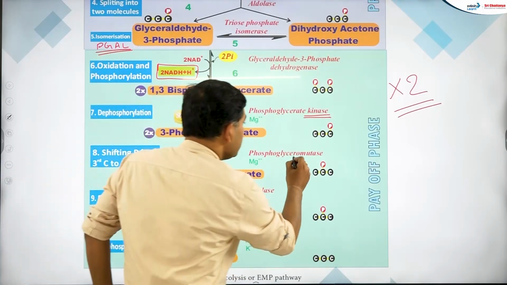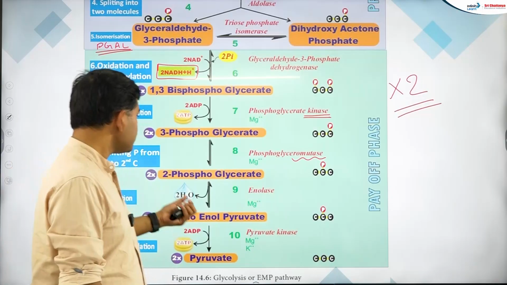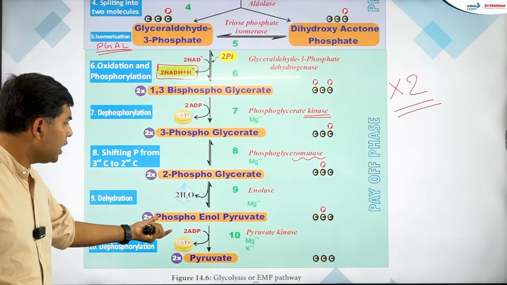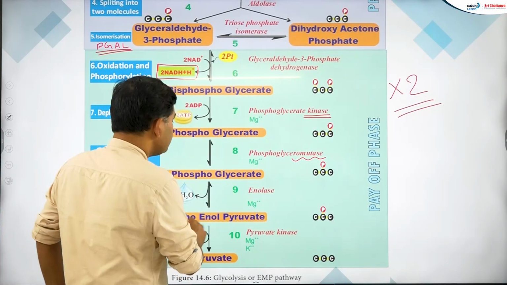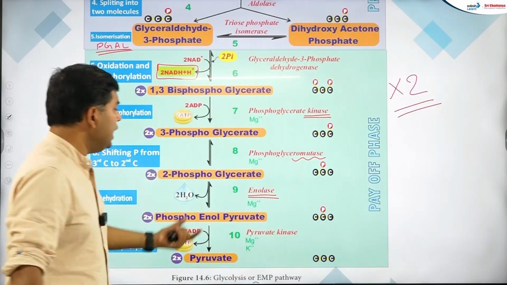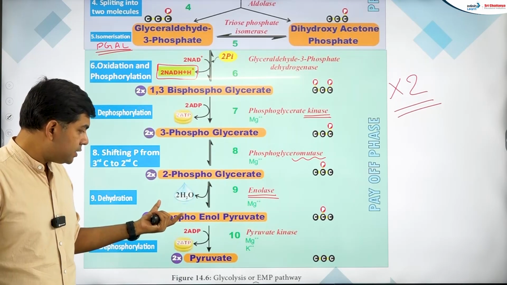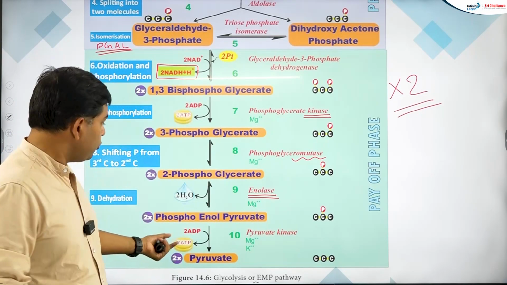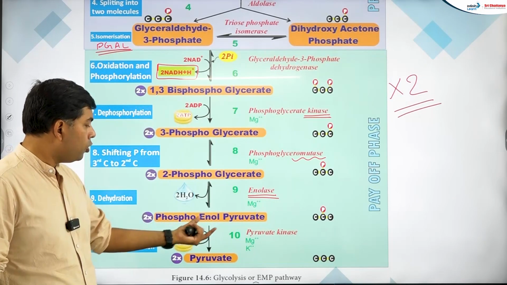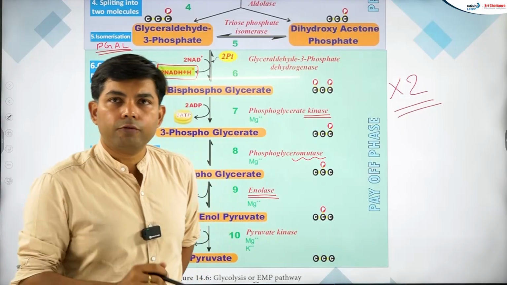So here the word used is mutase. Mutase is also a type of isomer. Then 2-phosphoglycerate converted into phosphoenol pyruvate with the help of an enzyme enolase, and here one H2O is released. Then in the last step what we observe, the phosphoenol pyruvate gets converted into pyruvic acid or pyruvate.